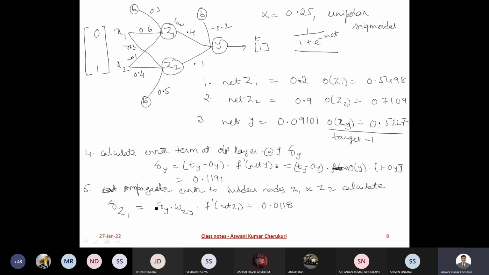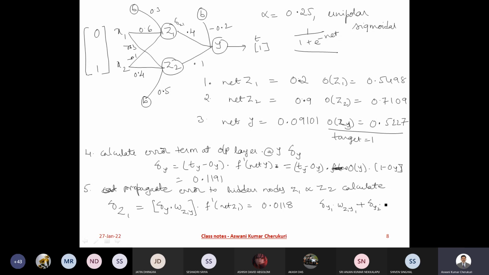Then what are you going to do for this particular term? I'm just writing it in case you have two nodes. You have to make it del y1 into wz1y1, plus del y2 into the weight from z1 to y2, if you have a y2. Of course, for this problem you don't have y2.